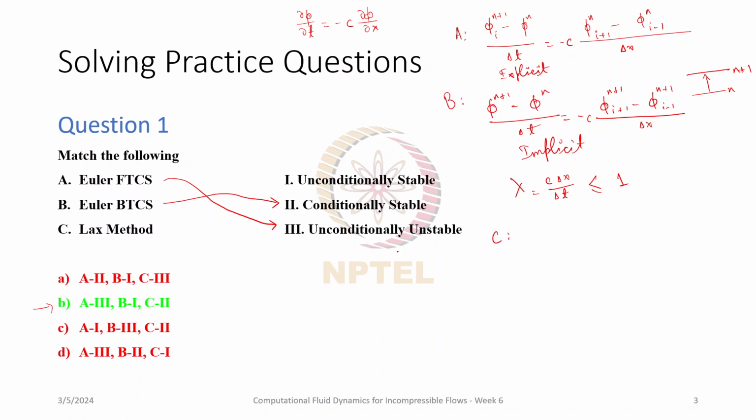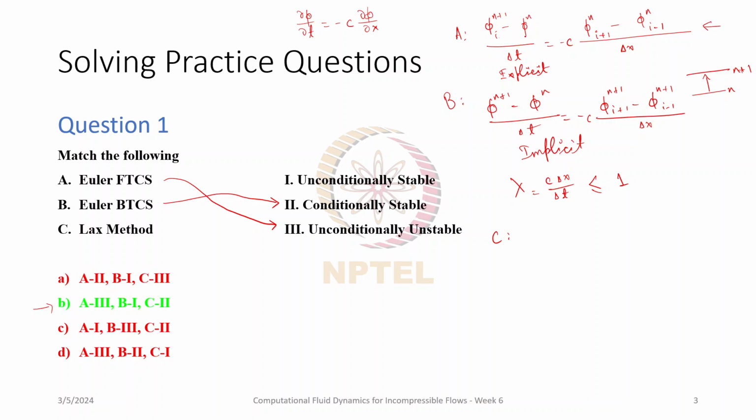And C, which is Lax method, is basically a modified form of the FTCS scheme. So this is our FTCS scheme, like the first one which we wrote.